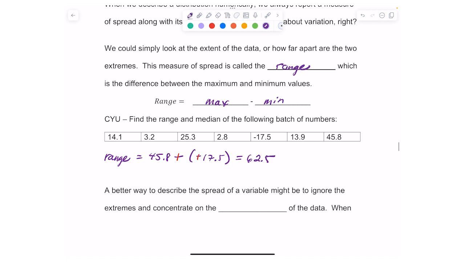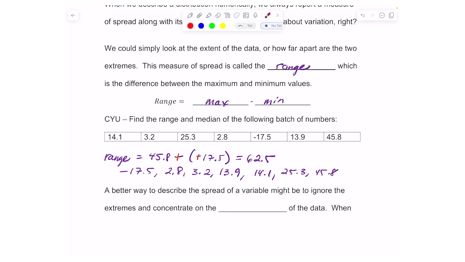If I wanted to find the median, I need to first put the values in order. So I'm going to rank these. I'm going to have negative 17.5 as my lowest number, and then 2.8, 3.2, 13.9, 14.1, 25.3, and 45.8.